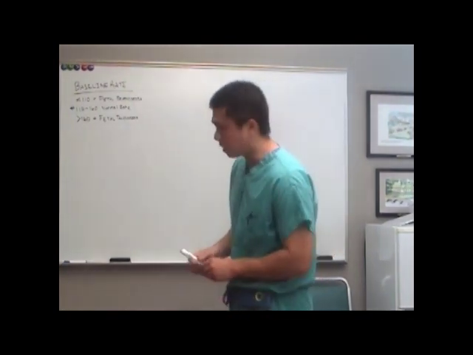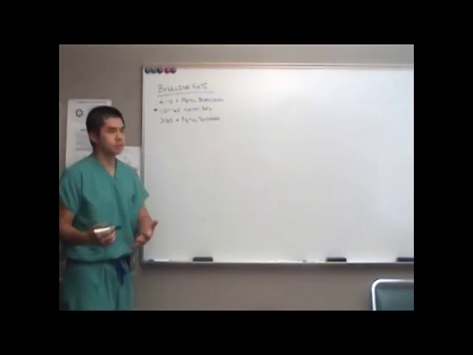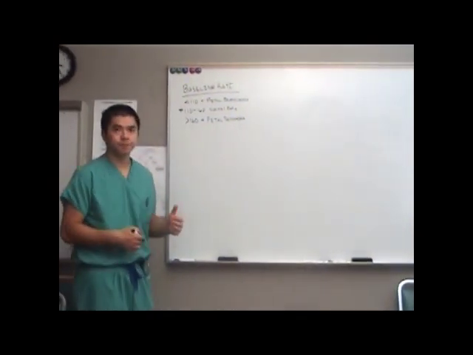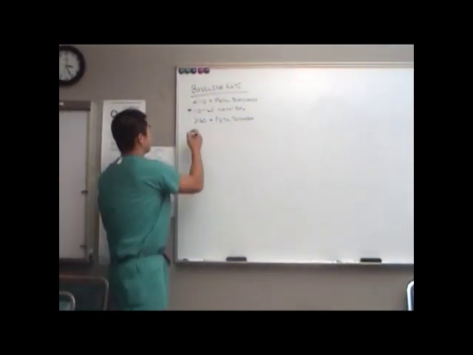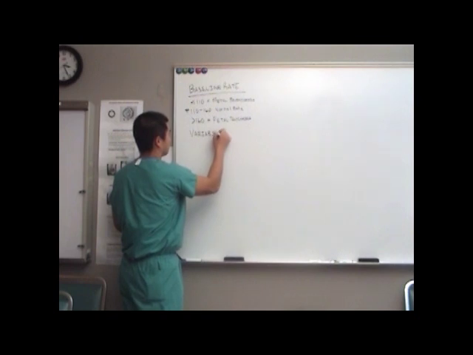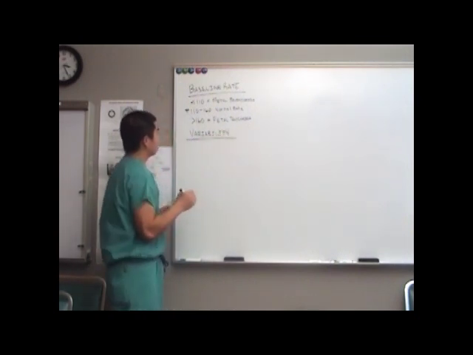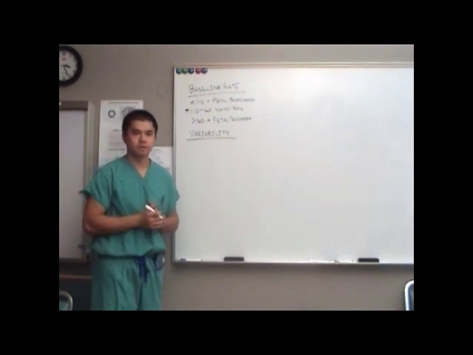Okay, so we talked about baseline rate. And so what's the next thing that you usually report after baseline? Yep, variability. And there are 4 types of variability. What are those 4 types of variability?